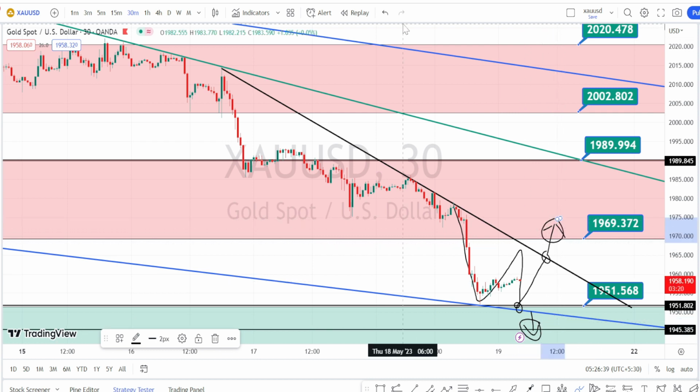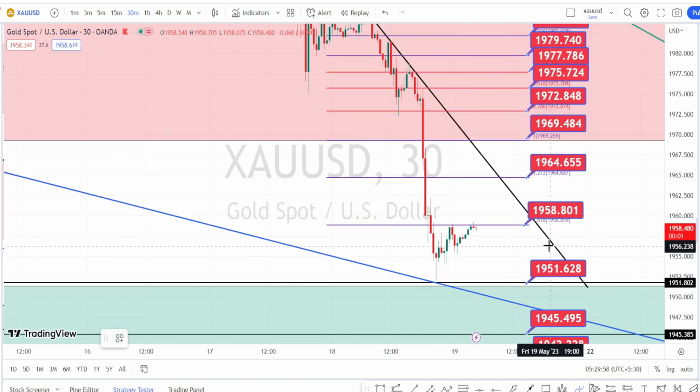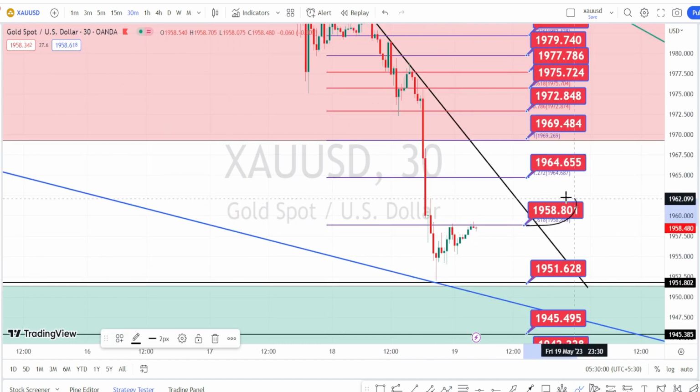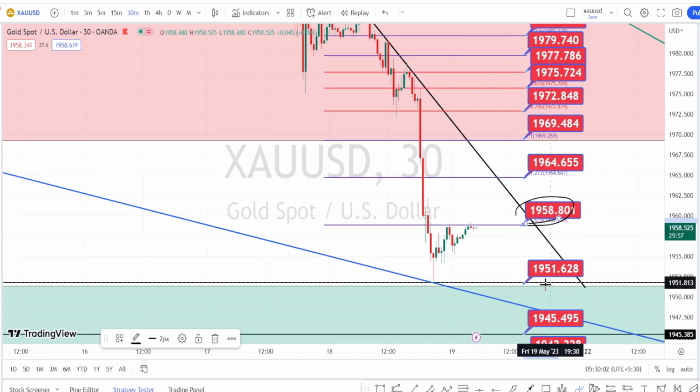Let us mark the support and resistance levels. So currently the price action is trading between the resistance level of 1958 and the support level of 1951, and if the bullish side retracement continues, the next level of resistance is going to be around 1964, 1969, 1972, 1975, 1977 and 1979.